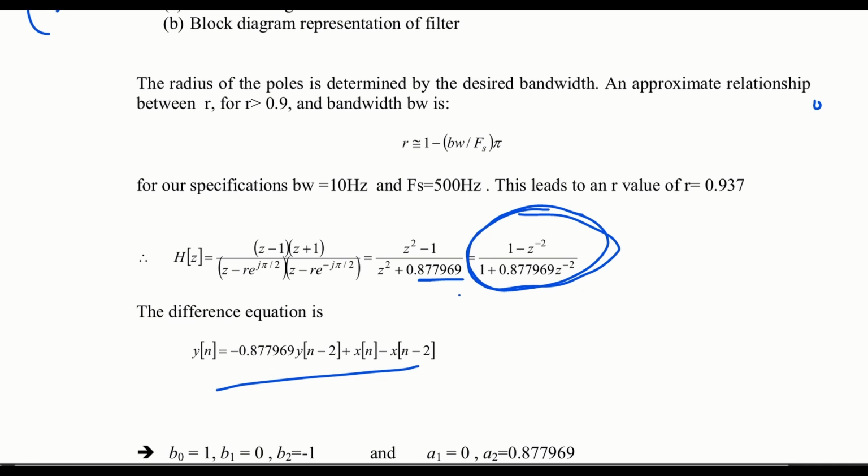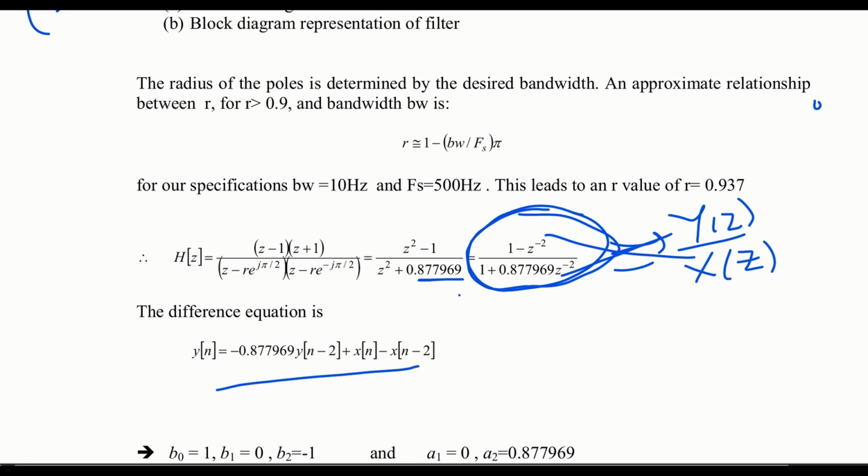So it means that this is equivalent to y of z over x of z, because y over x is a transfer function.